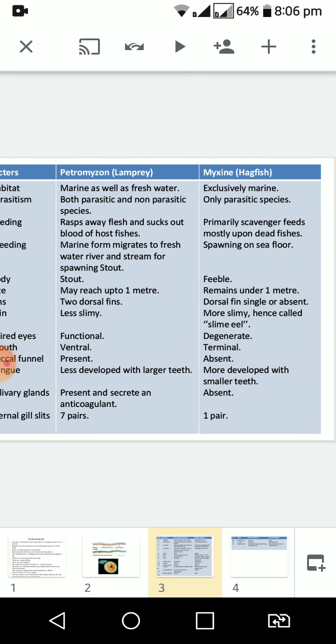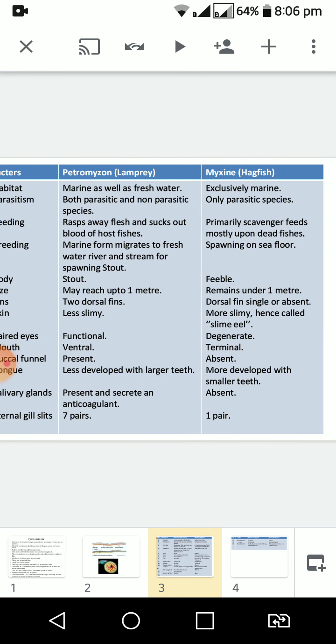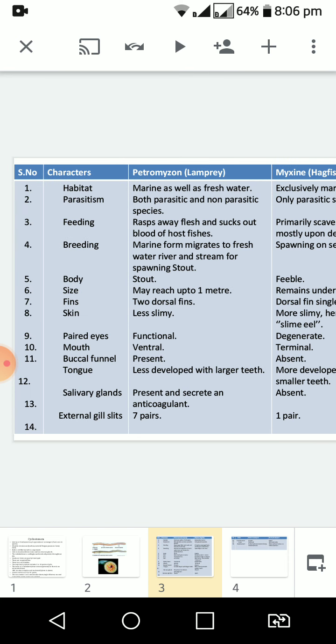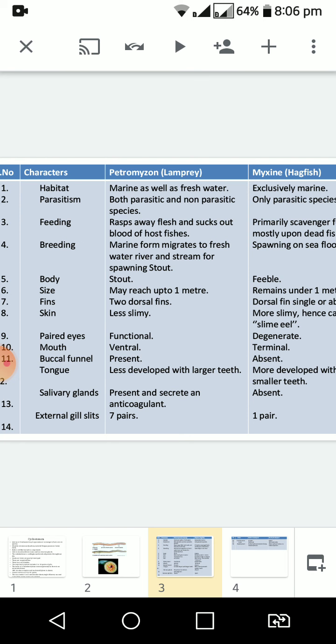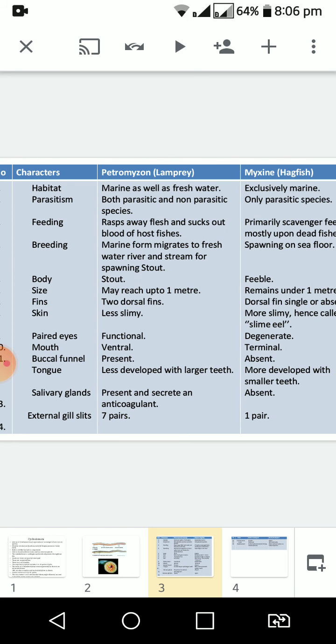And in the myxin, the spawning takes place in the sea, on the sea floor. So petromyzon body is stout in shape, but myxin body shape is feeble.